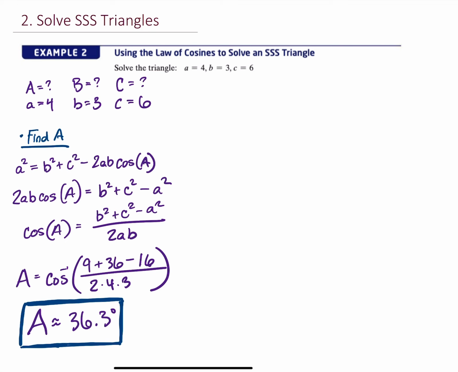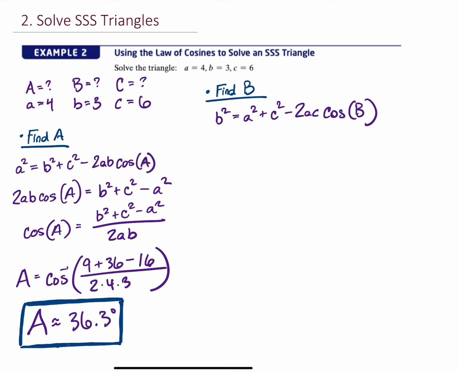So now let's find angle B. So let's use the version of the law of cosines that involves angle B. Oh, I meant to say angle B here, not side length. That involves angle B. So that's the one that's solved for b squared. B squared equals a squared plus c squared minus 2ac times the cosine of angle B. And let's rearrange it.